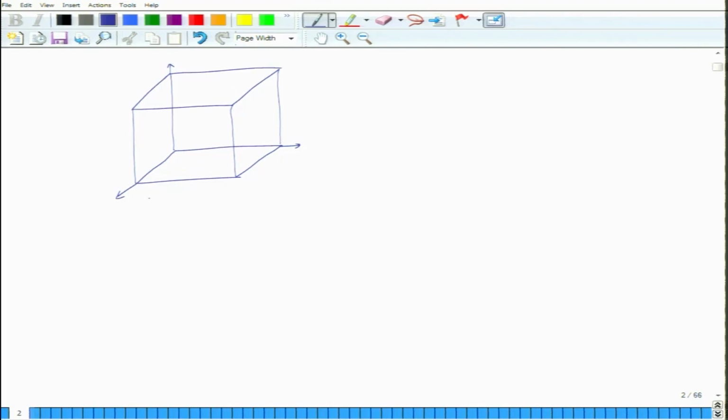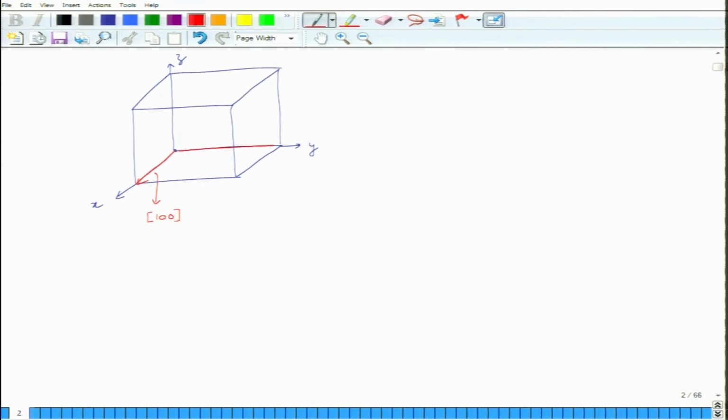So you can see that in this system, if this is x, y, and z, what would this direction be if I take this as origin? This direction would be 1 0 0, because you have intercept of 1 along x. So this is 1 0 0.